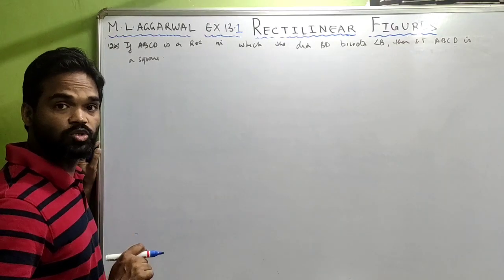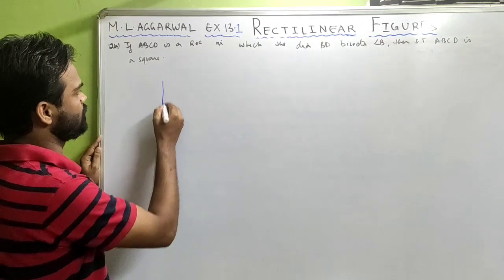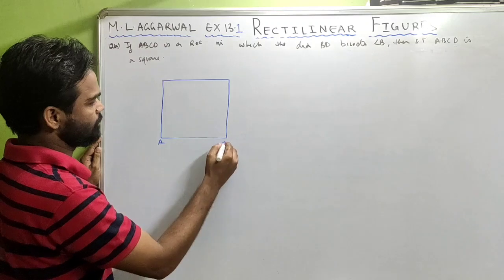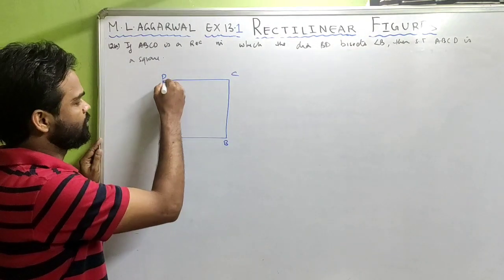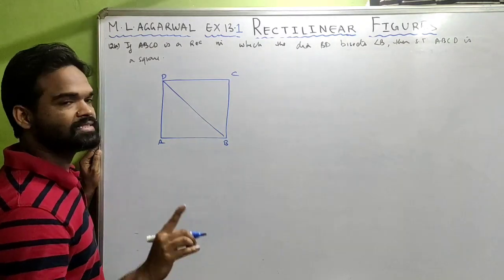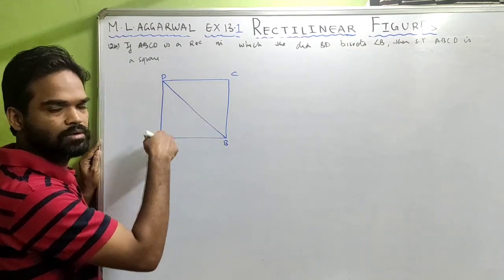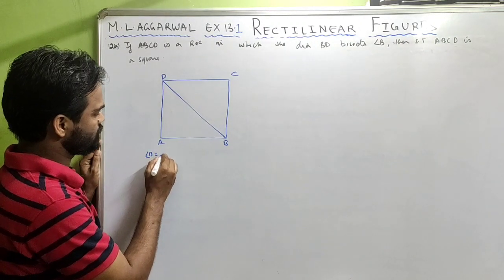Now look at sum number 12. Very easy. ABCD is a rectangle in which diagonal BD bisects angle B. Now we know this is 90 because this is a rectangle, so angle B is of course 90.